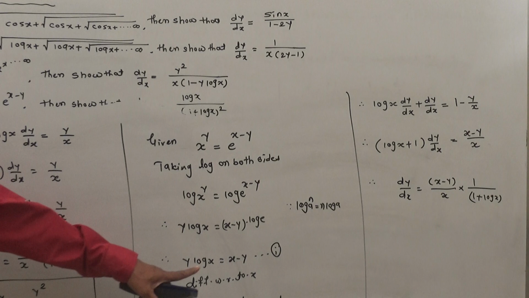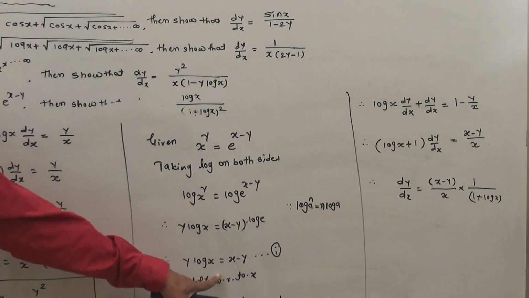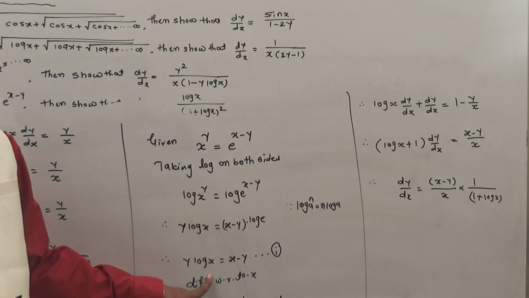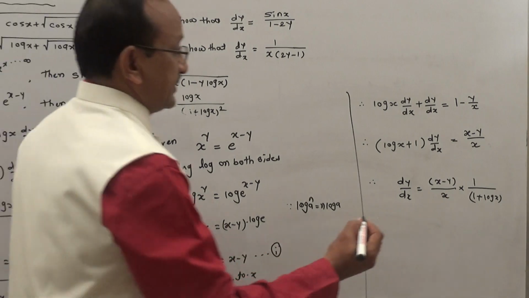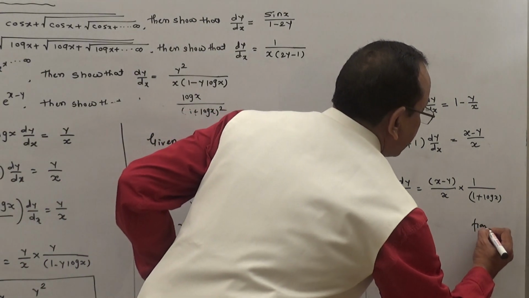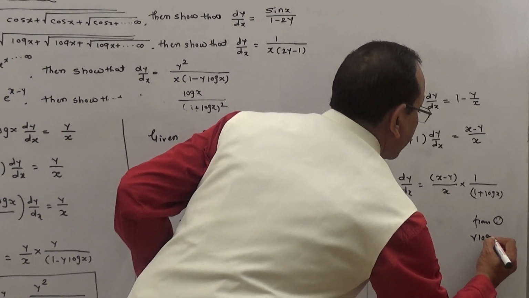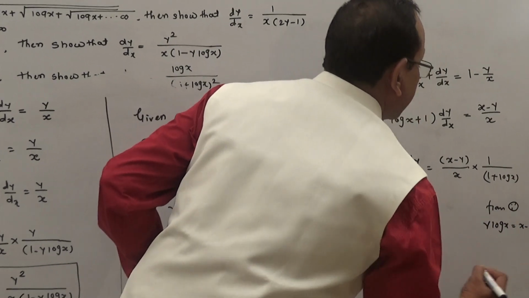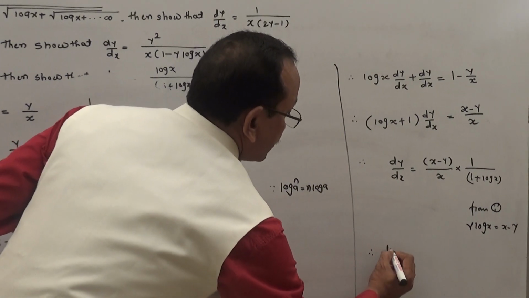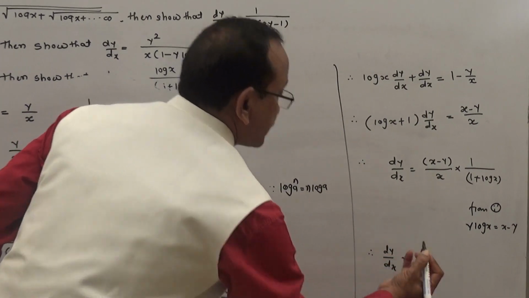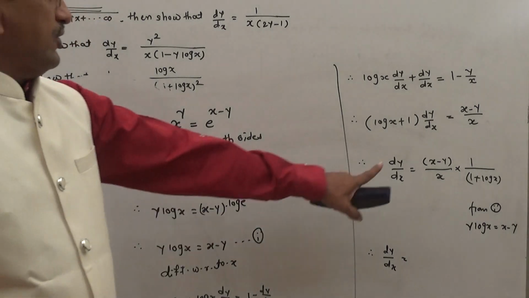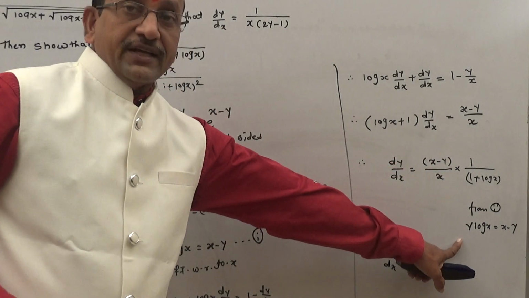But from 1, what is the value of x minus y? x minus y is equal to y times log of x. Now from 1, y times log of x is equal to x minus y. Substitute the value of x minus y as y times log of x.